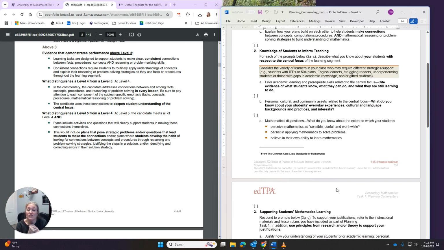Prompt 1, maybe you sit down and you answer prompt 1 on its own day, and then prompt 4 and 5, you can answer on their own day, but prompt 2 and 3, you need to answer at the same time, and here's why. Because prompt 2 is really asking you to focus on what you know about the students in respect to the central focus and the learning objective.